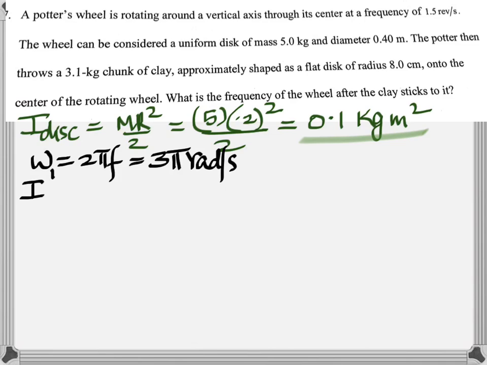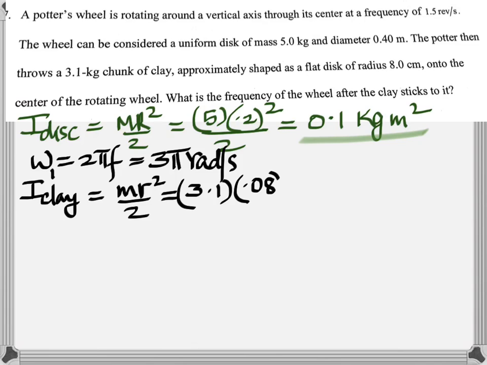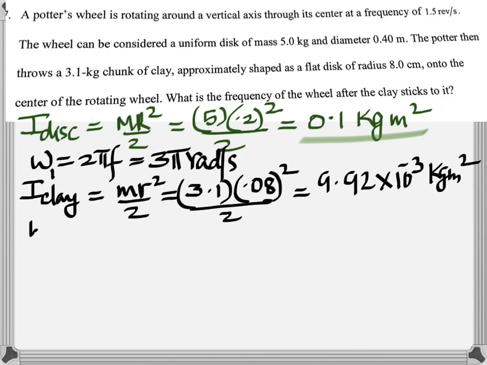And then find the moment of inertia of the chunk of clay, which says that it's shaped as a flat disk. So use the formula again. Find its moment of inertia. And now omega 2 is what you're trying to find out.